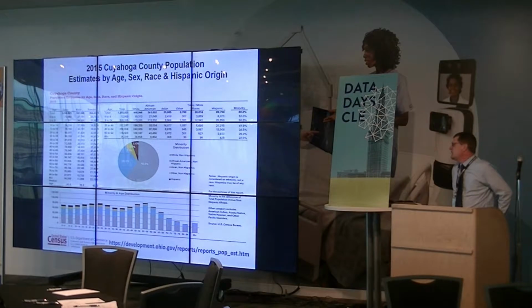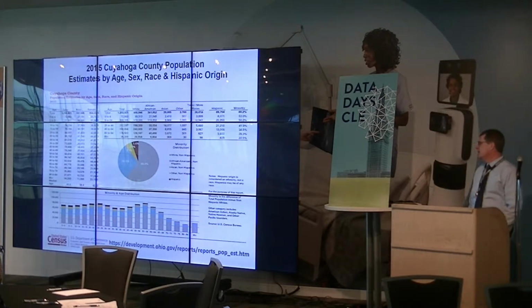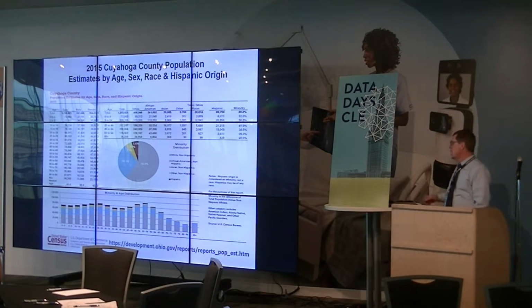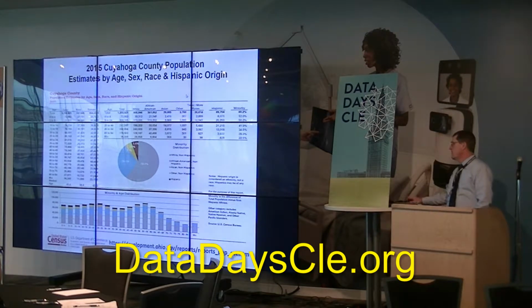I also wanted to show you, we have them by age, sex, race, and Hispanic origin. This is for Cuyahoga County. On the left side, you see the age groups. And then in the middle, you can see it by race and age.